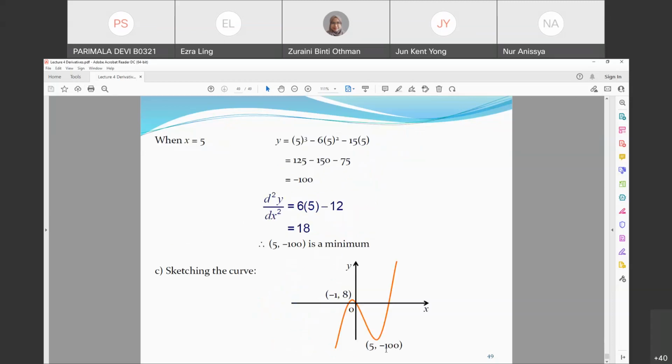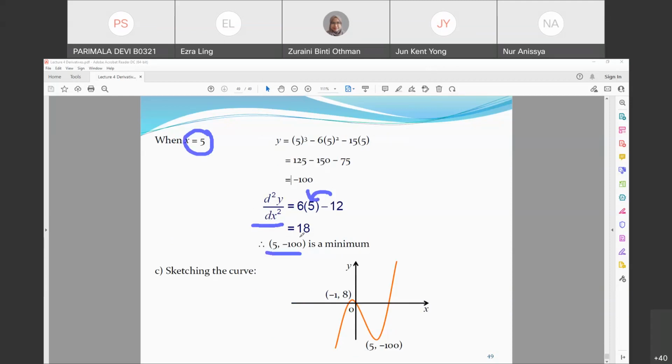And the second one is x is equal to 5 here. The value of y is -100. So kita dapat koordinat dia. Okay, so sekarang lepas kita dapat koordinat ni, kita cari nilai 5 ni, masukkan ke dalam second derivative ni.